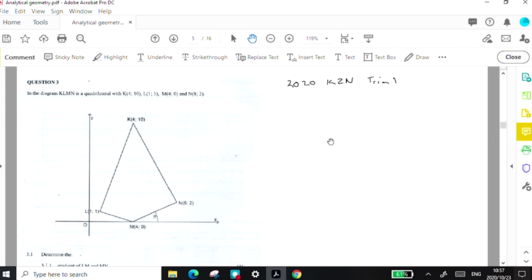The following example is taken from the 2020 UKZN exam. So for this example, we have KLMN, which is a quadrilateral, with K (4, 10), L (1, 1), M (4, 0), and N (8, 2).